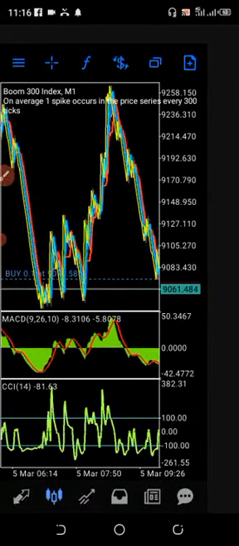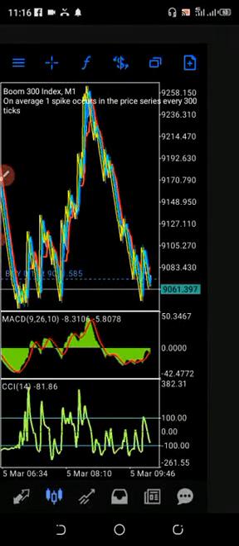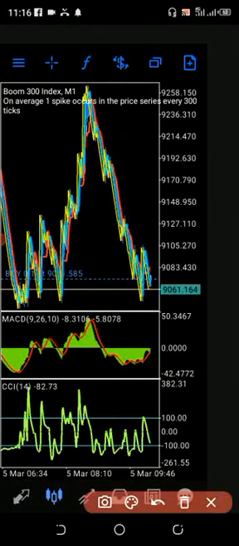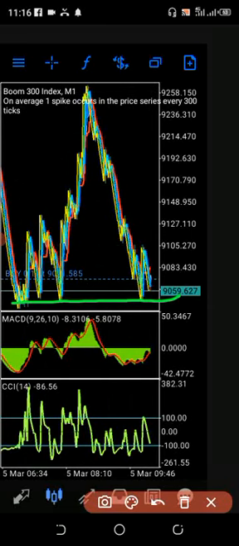This indicator works with price action. Watch this market now. These are resistance levels, in your 1 minute time frame, not 4 hours or 1 hour time frame. Each of these resistance levels gives you an opportunity to catch a spike.